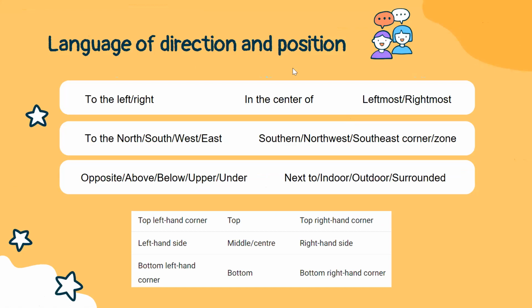The next primary part of the IELTS test is the language of direction and positions, which means that you would have to describe the specific or relative position of an object. For example, here we have to the left, to the right, in the center of, or leftmost, rightmost. This is usually used for comparison. You could also use to the north, south, west, east, or the southern, northwest, southeast corner or zone.